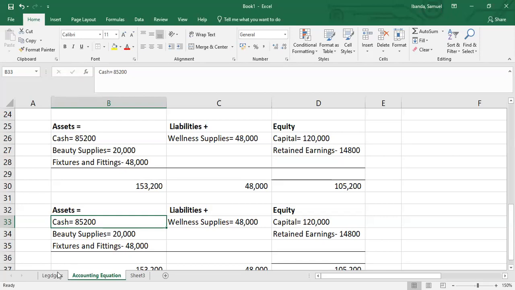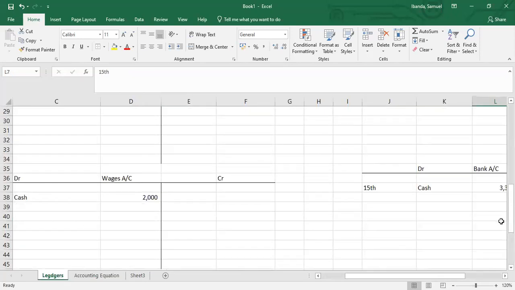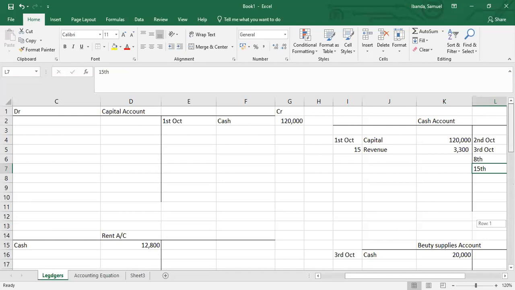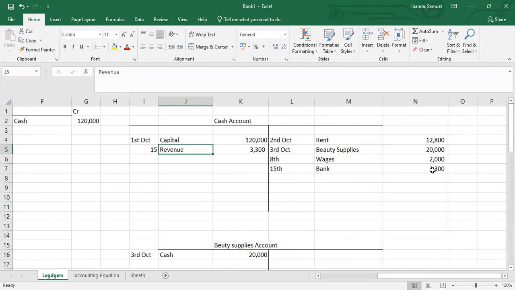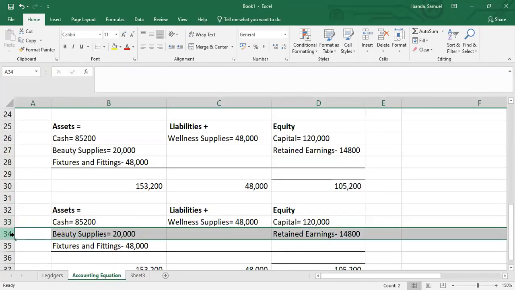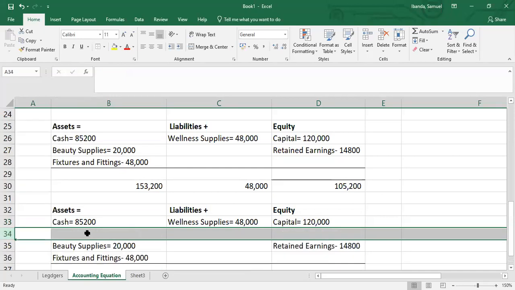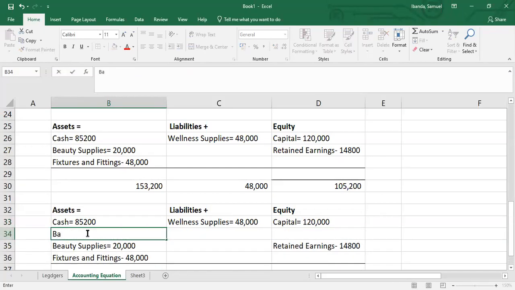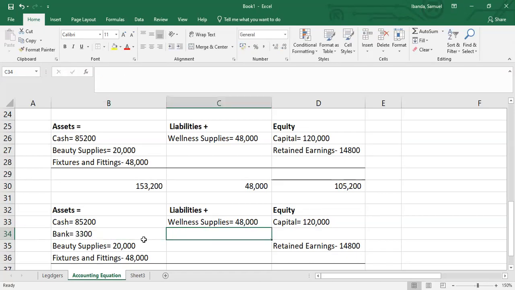It will not affect my cash here because the transaction has come through and it has gone away. You get it? Rather, I'm now going to introduce bank of 3,300.